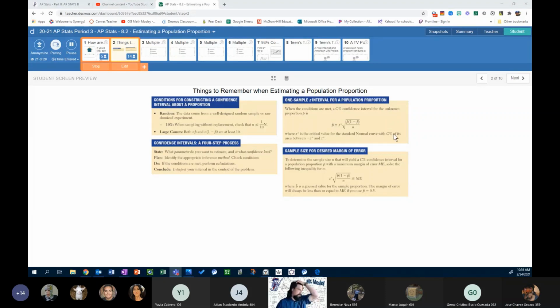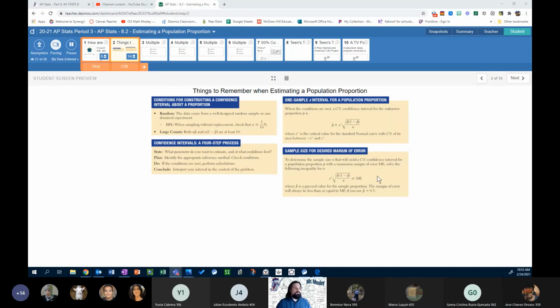We learned yesterday that the confidence interval allows us to make an inference about the population, so it's considered an inference method. And this method is based on a single sample. And the interval is called a Z interval because it's between those 2 Z star values. And we have a sample size for a desired margin of error.